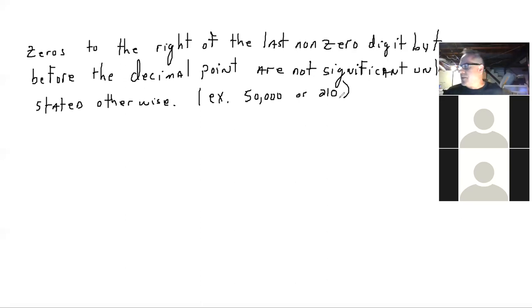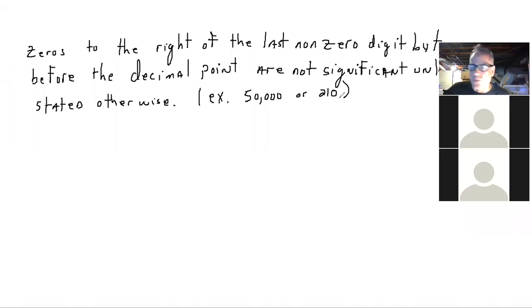Rules for significant digits. Now, what I want to do, give me 1 second here, I'll pull up a couple of the homework problems dealing with significant digits. Let's see here. So it looks like about number 7.